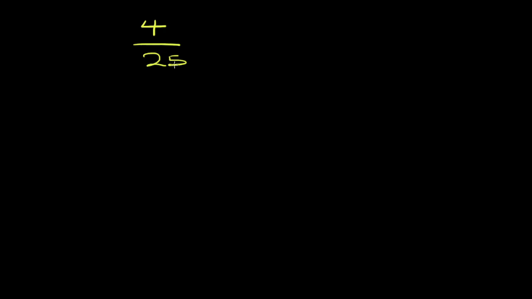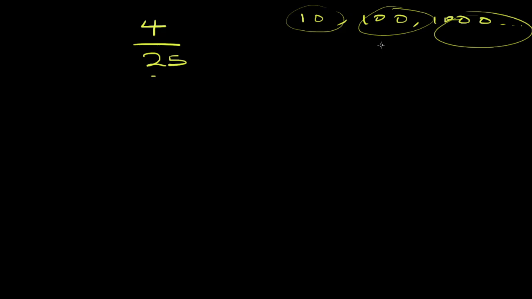And then we want to rewrite this as a decimal. But remember that the ones we did at first had denominators as 10, 100, or 1,000, in that form. But this one, what is the denominator? 25. But 25 doesn't look like any of these numbers. So what are we going to do?